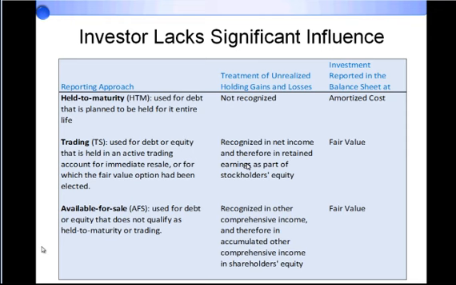Therefore, at any point in time, we can truly realize the gains and losses. Because of that, we want to keep that up to date. We don't want to be surprised at some point in the future when we finally realize it. We want to actually recognize this. For instance, for trading, we're going to recognize this in net income every period. And it's going to become part of retained earnings through the net income.